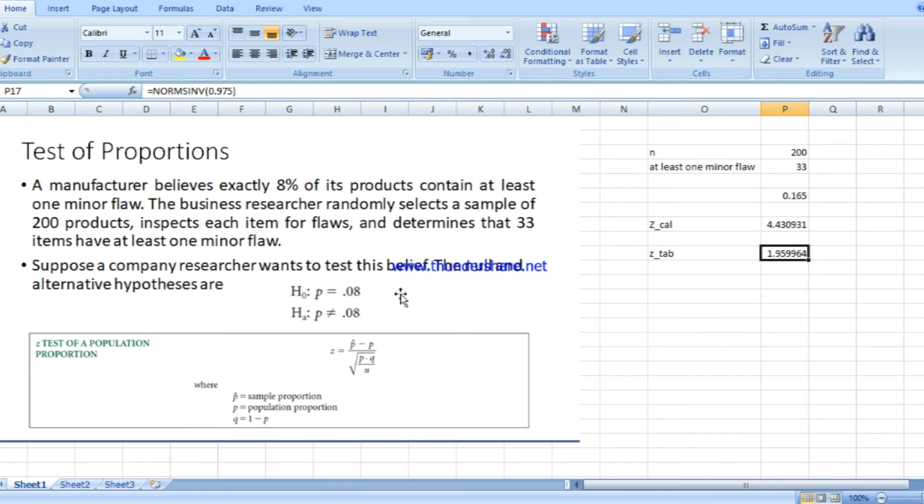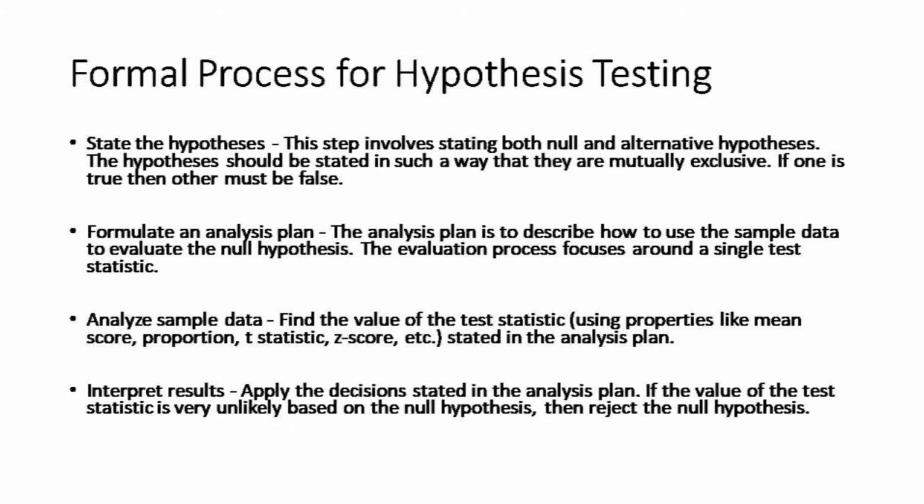In the previous lesson, that is lesson 7, we had determined that there are 10 steps to hypothesis testing. These 10 steps majorly coincide with these four attributes of hypothesis testing.